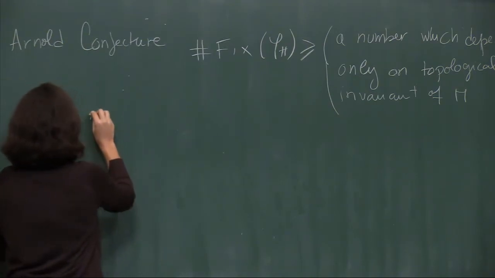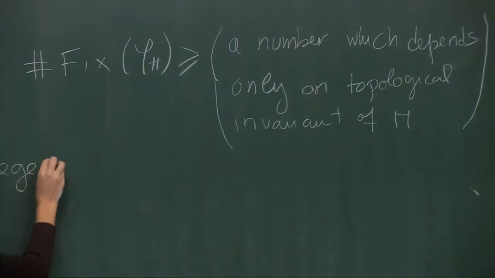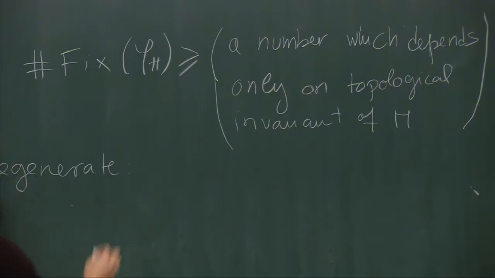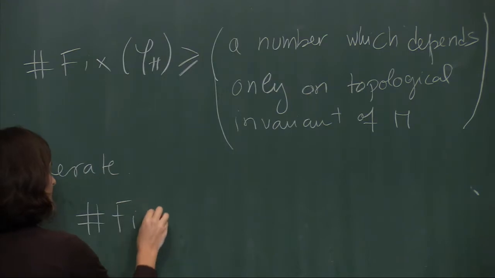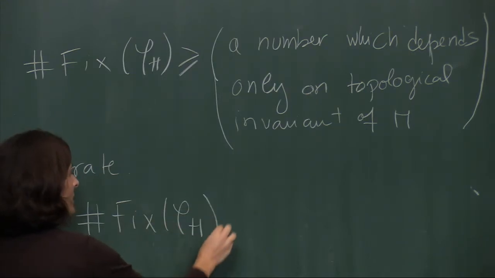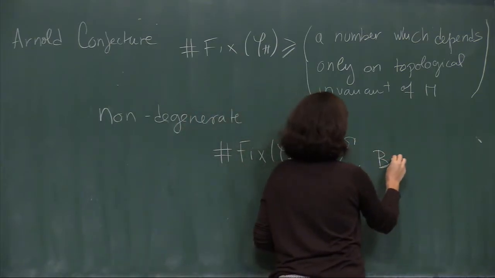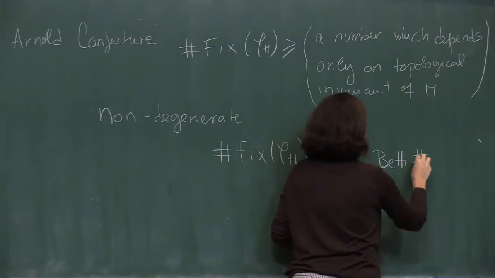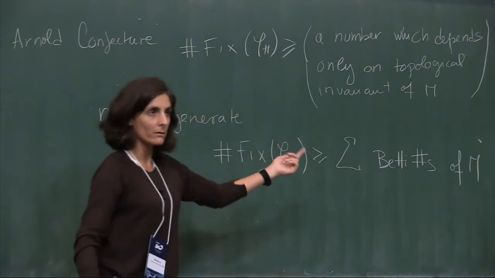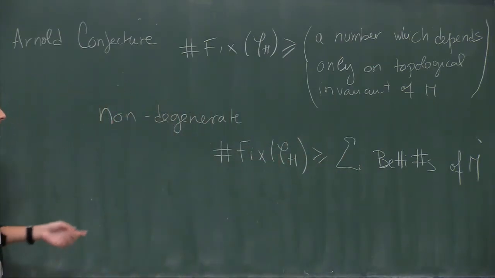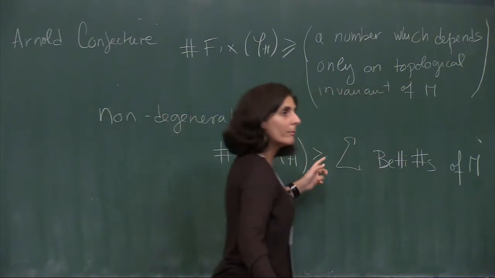So for instance, if phi H is non-degenerate, right? So in the non-degenerate case, we know that the number of fixed points of phi H is bounded from below by the sum of the Betti numbers of M. So the sum of the ranks of the homologies of M. So as long as we know the homology of M, we have this lower bound.